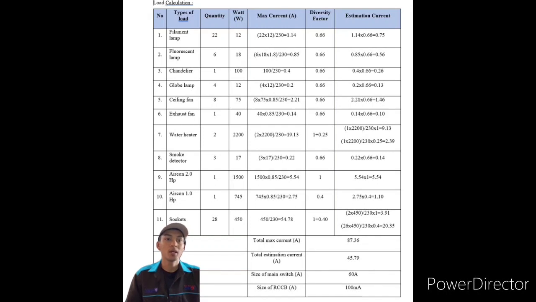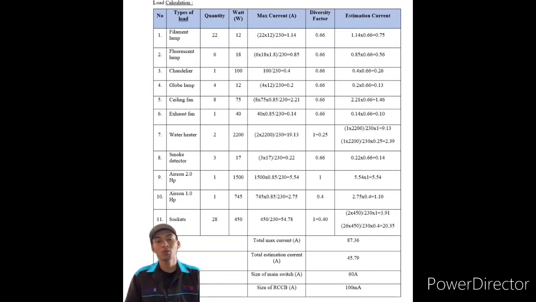For the estimation current, we multiply with 1 total load, and we get the same 5.54 ampere. Then for the 1 horsepower aircon, after the multiplication for the max current, we get 2.75, multiplied with the diversity factor of 0.4, and we get 1.10 of estimation current.